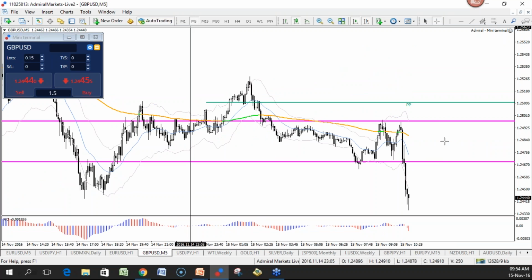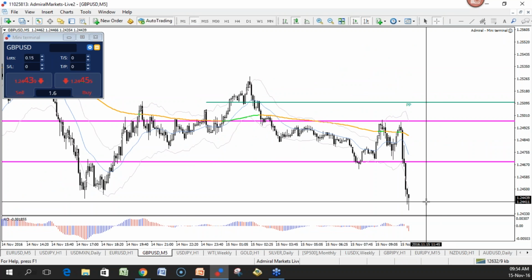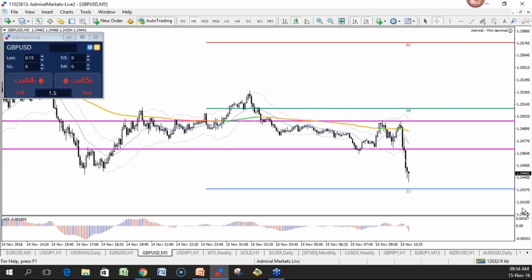But let's see. I wouldn't like to see it push a lot further. Otherwise, there's not much space left potentially.